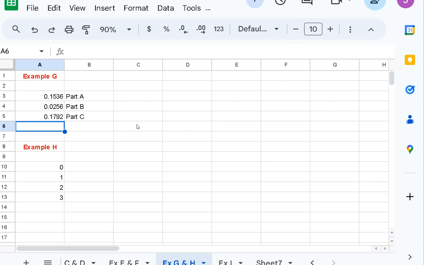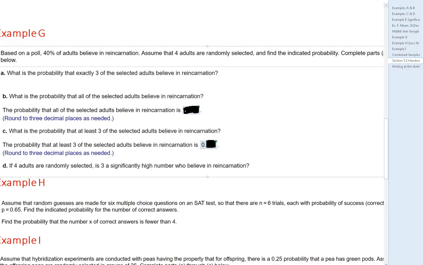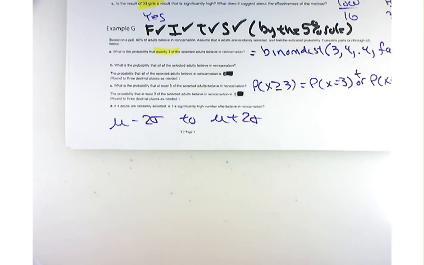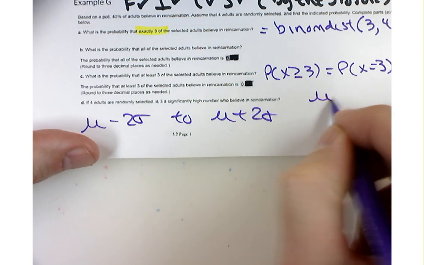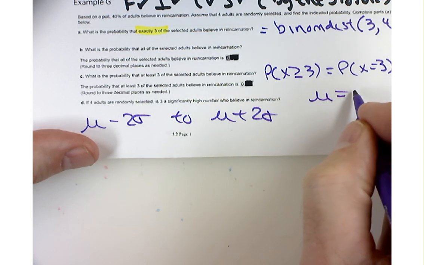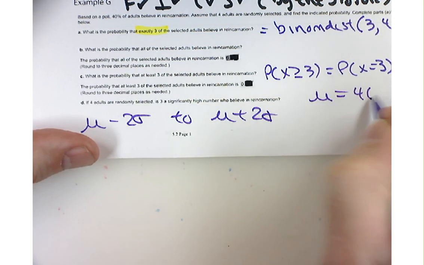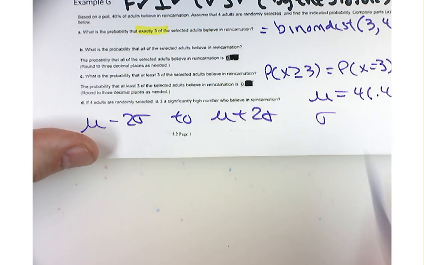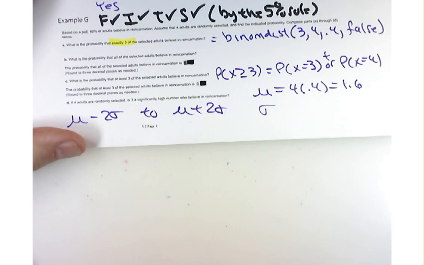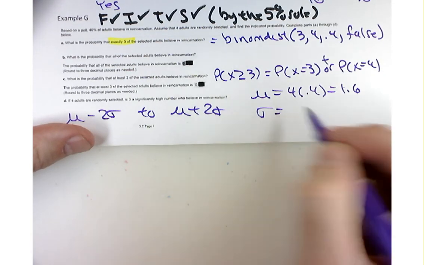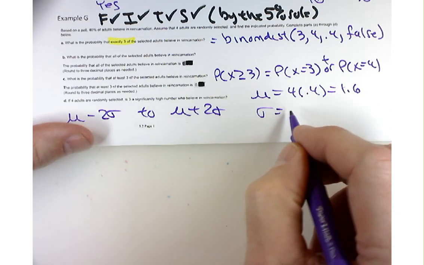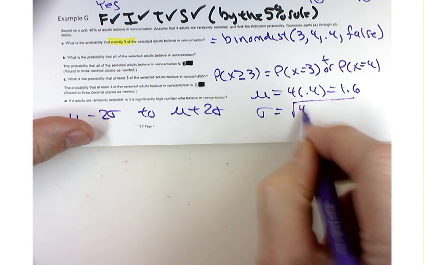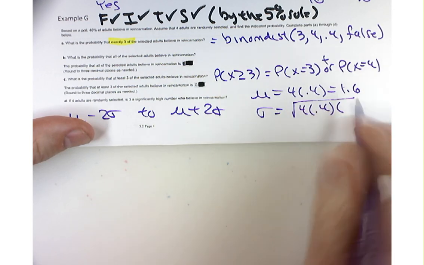We don't have to go through all that messy stuff that we did back in section 5.1, because now we're working with a binomial distribution, and we can calculate mu pretty easily. It's just n times p, so 4 times 0.4, which is 1.6. Sigma is going to be the square root of 4 times 0.4.